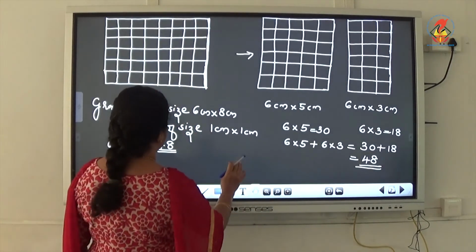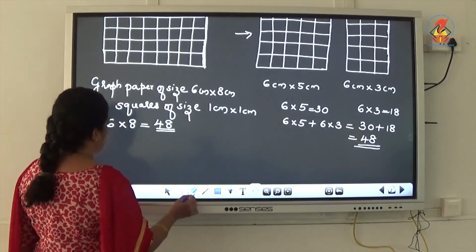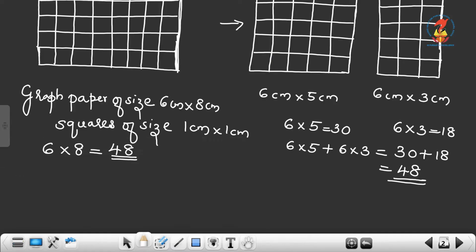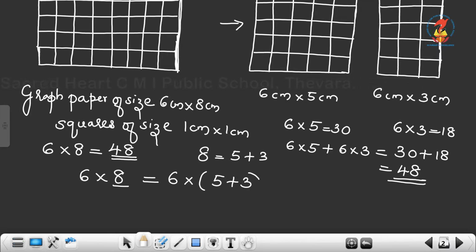Now look at here. 6 into 8. This 8 we can write as 5 plus 3. Therefore, it is equal to 6 into (5 plus 3).